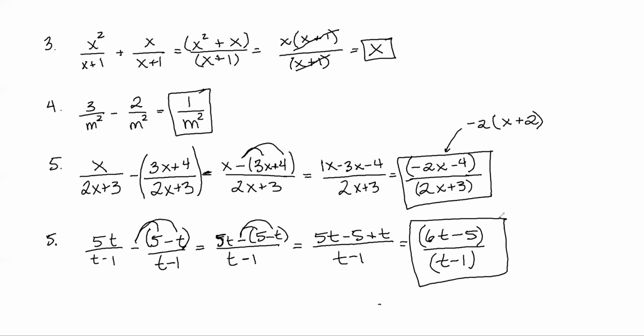All right, so that is what it looks like when we have common denominators. It's the slightly easier case. Now let's take a look at adding and subtracting with unlike denominators.